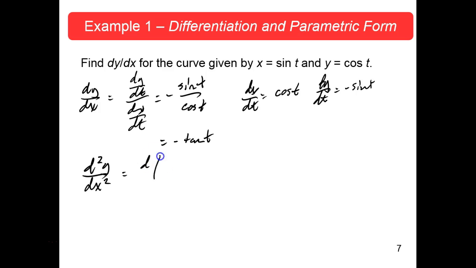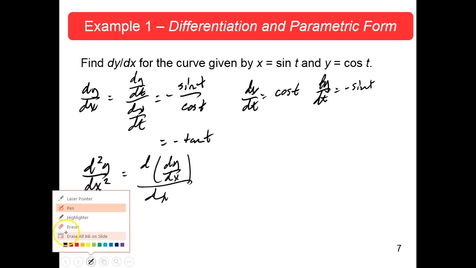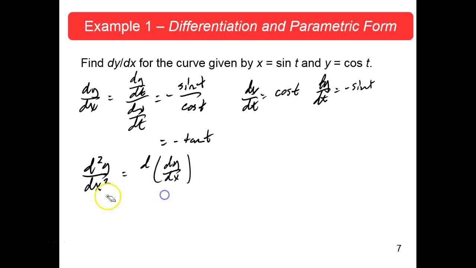That would be d by dx of what? Derivative of d by dx of y, right? This is what gives you d2y, and this gives you dx squared. So you could have written that here. I was afraid it might be a little confusing, but I think actually that's better. Let me go on and do it that way.